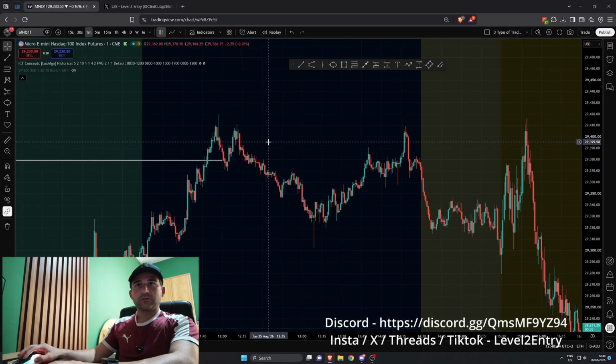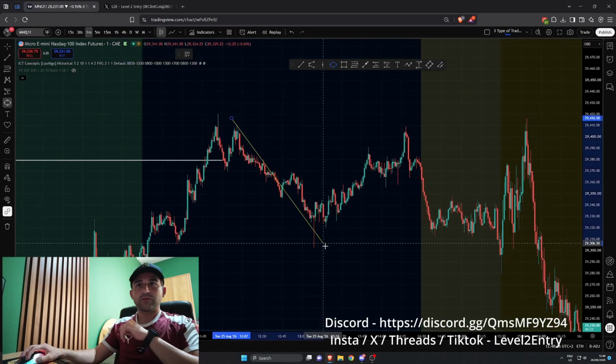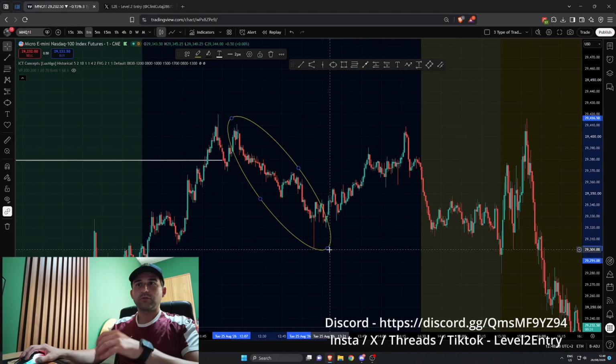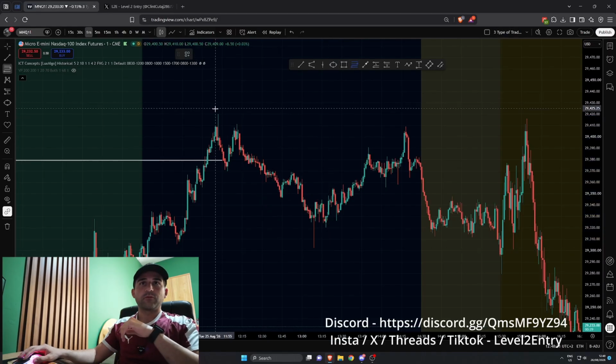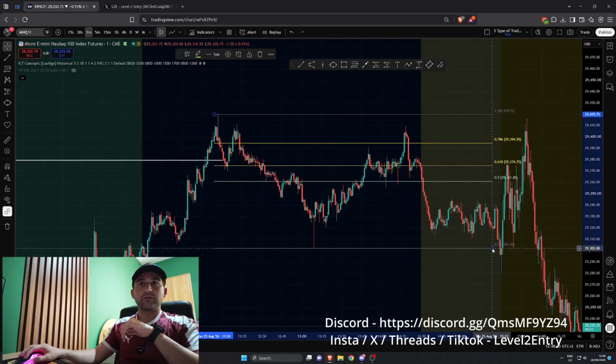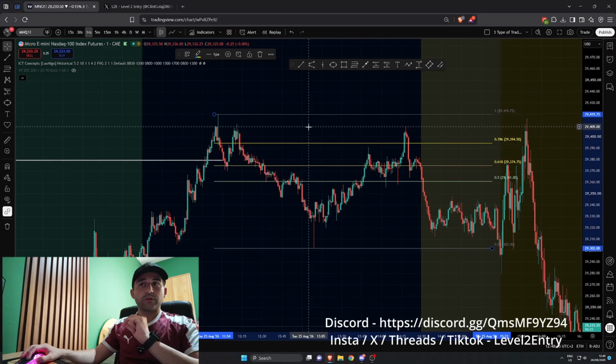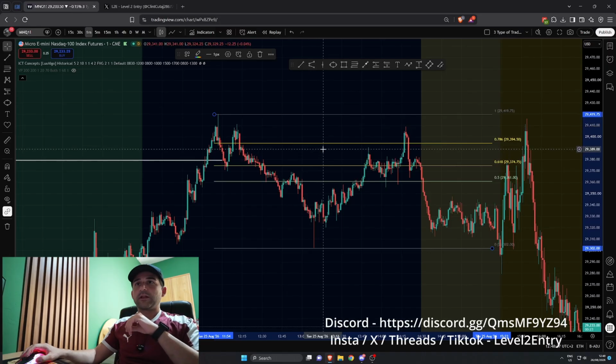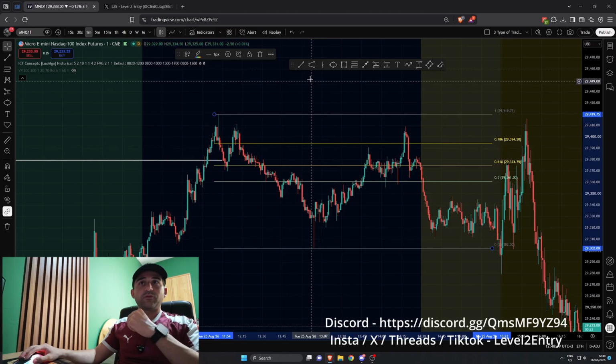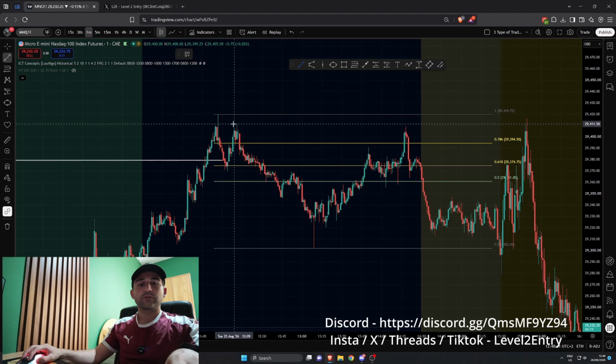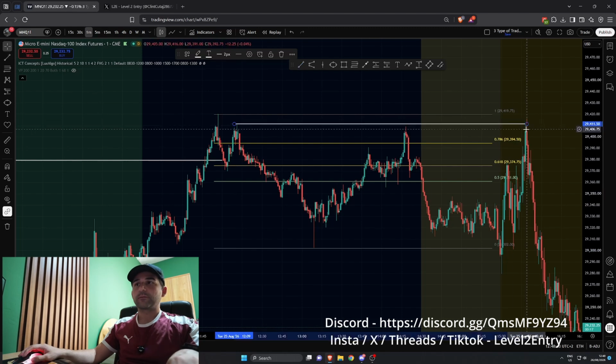So when I saw that price did this bearish move, I immediately plotted the fib from the high to the low, and the only point that I was waiting for price to grab liquidity from was this point here.